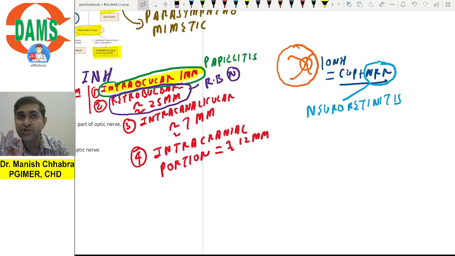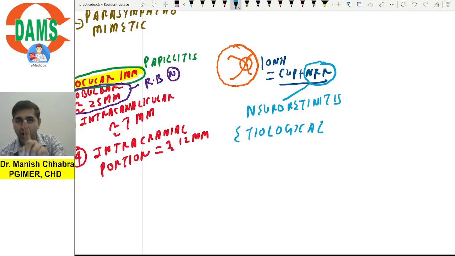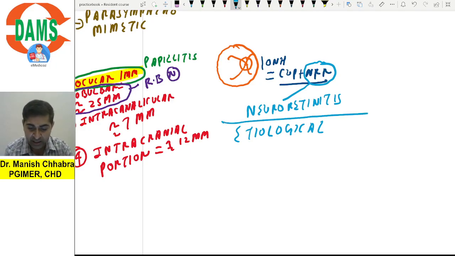So these are the three things that you should know. This is based on the anatomy. Now there is also an etiological classification of optic neuritis. One is demyelination.